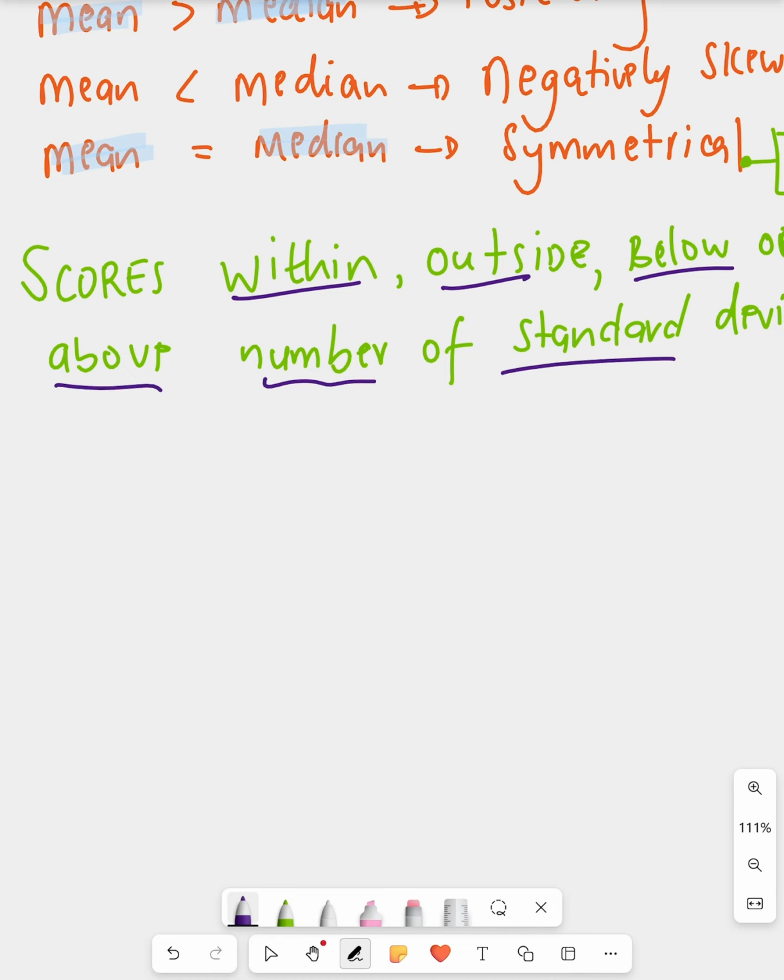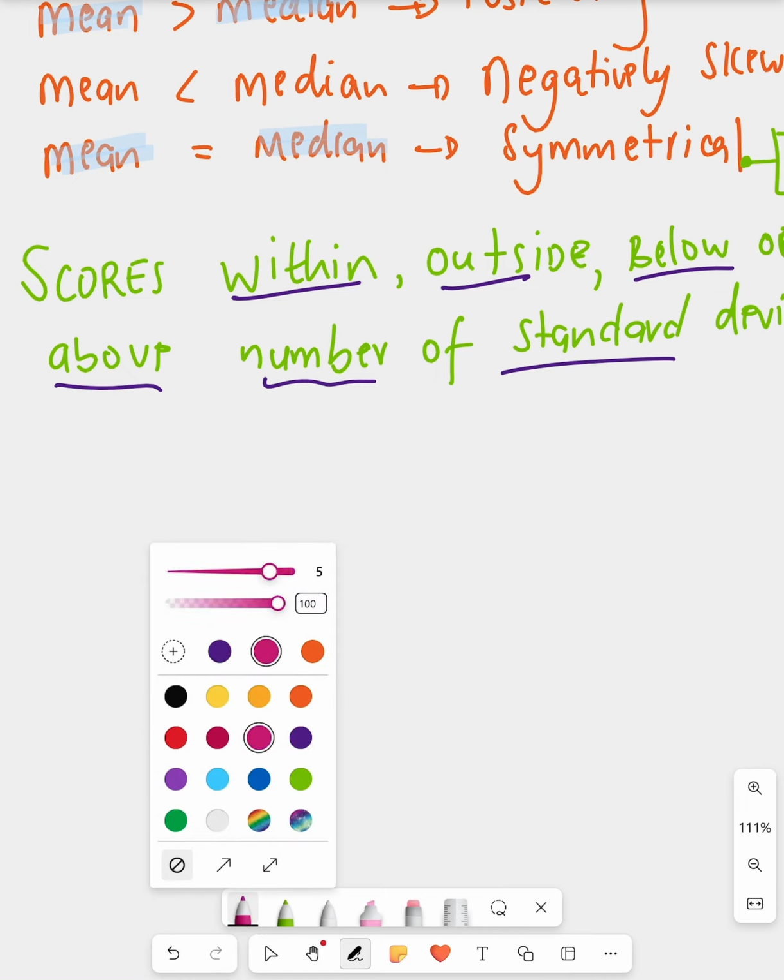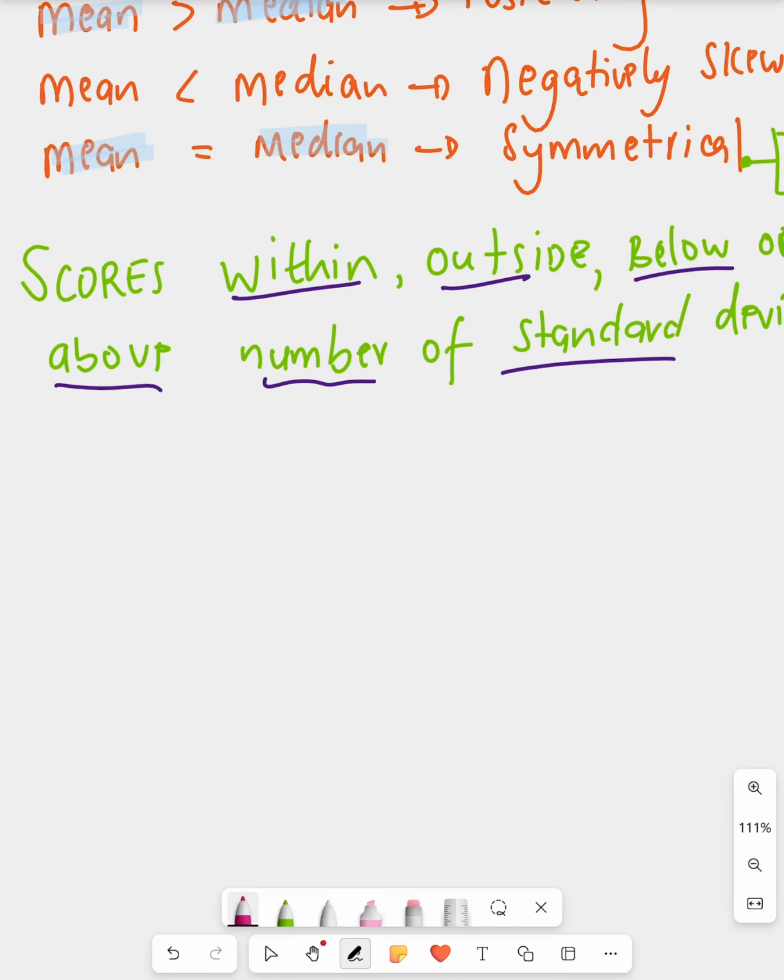So let me start with the scores that are above 1 standard deviation. In the exam, if they say above, you are looking for the number of scores above, and they can say 1 standard deviation.